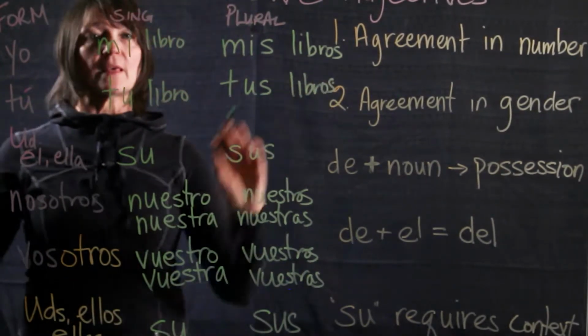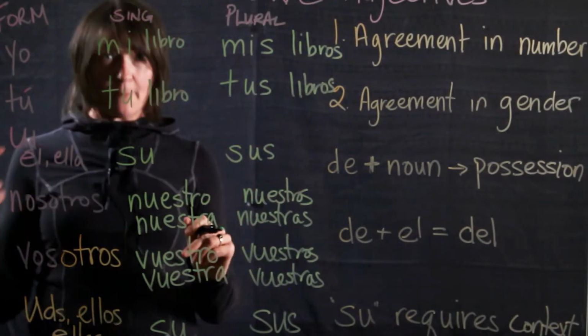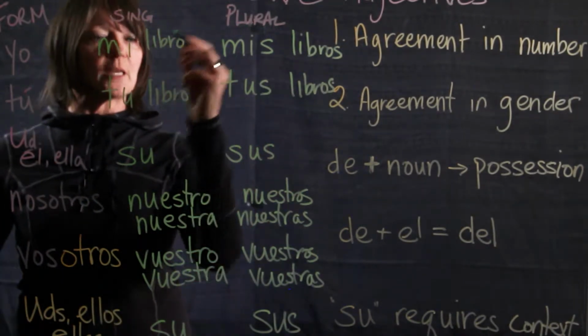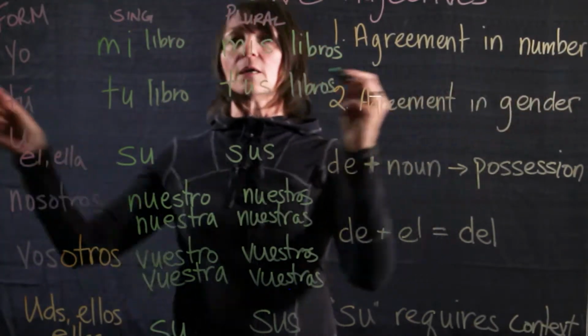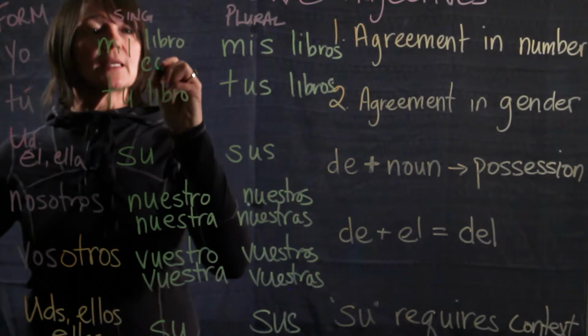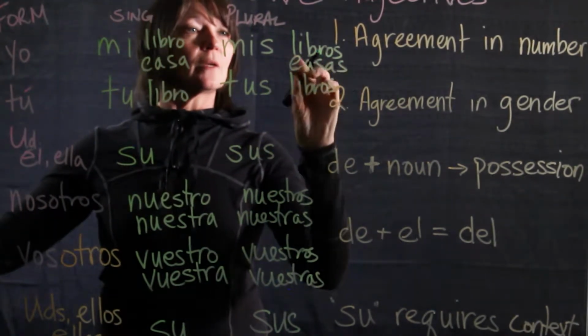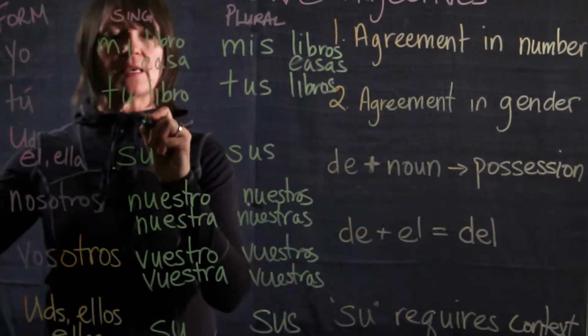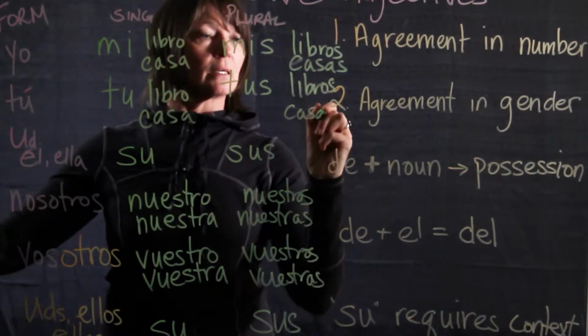Okay, so same thing. Now, if I decide that I'm talking about something feminine in gender, it doesn't change because there's only agreement in number, okay? So, mi casa, mis casas. Okay, same thing here. Tu casa, tus casas.